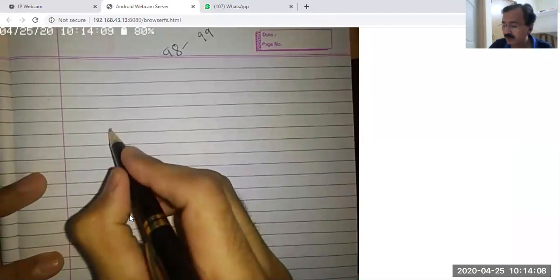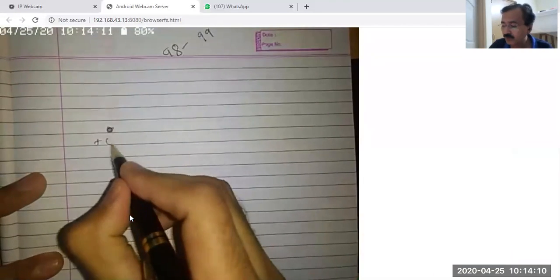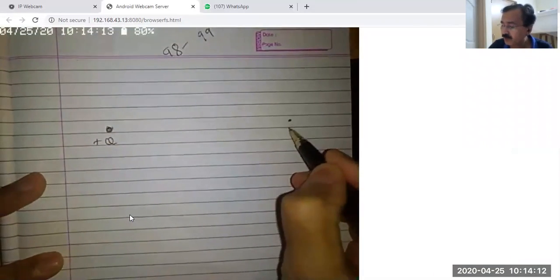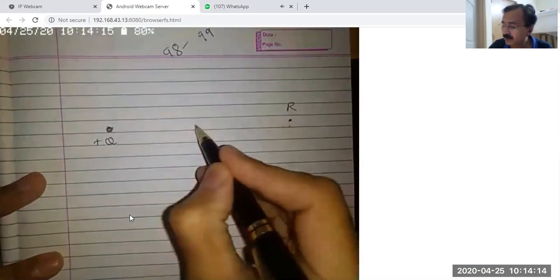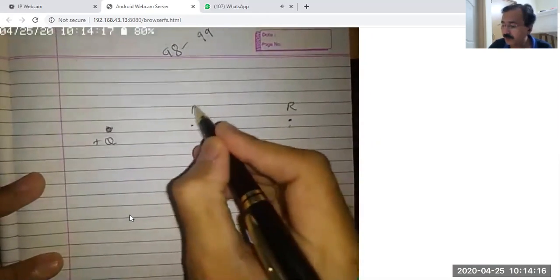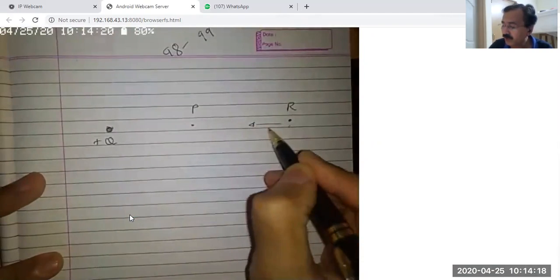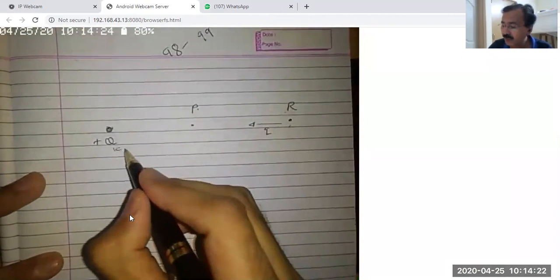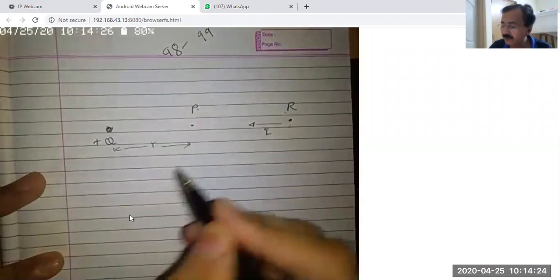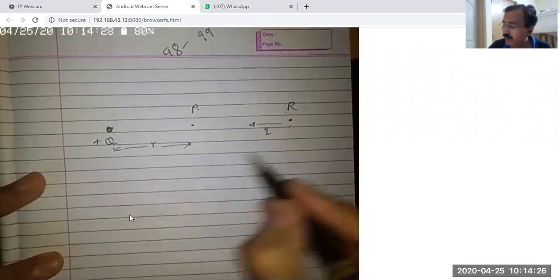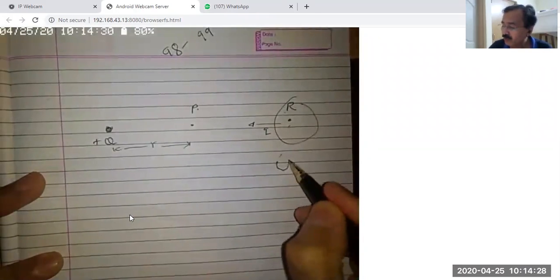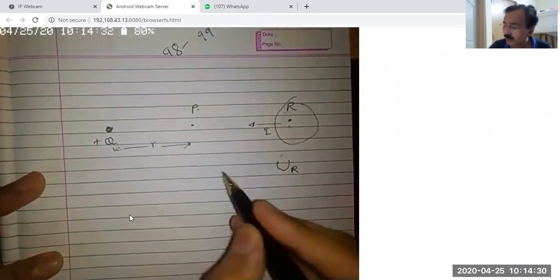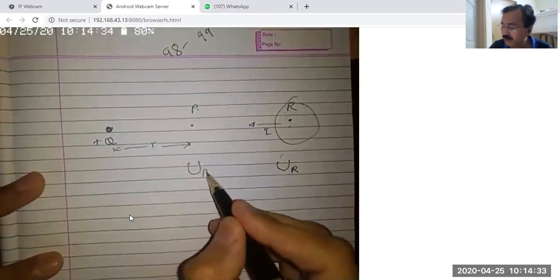So in that case, this was Q, this was location R, this was location P, and we shifted Q from R to P, and it landed somewhere at distance R. Potential energy here we took as UR, here we had taken as UP.